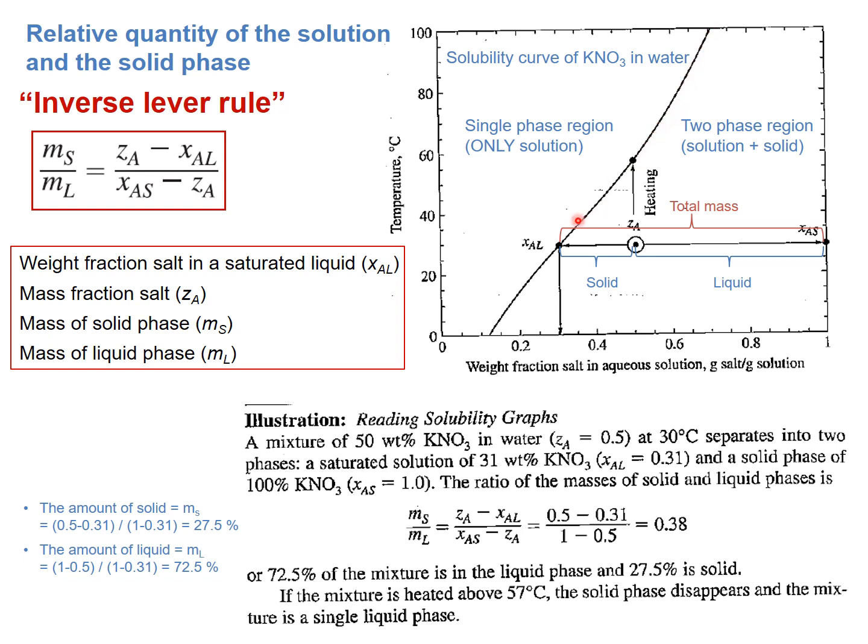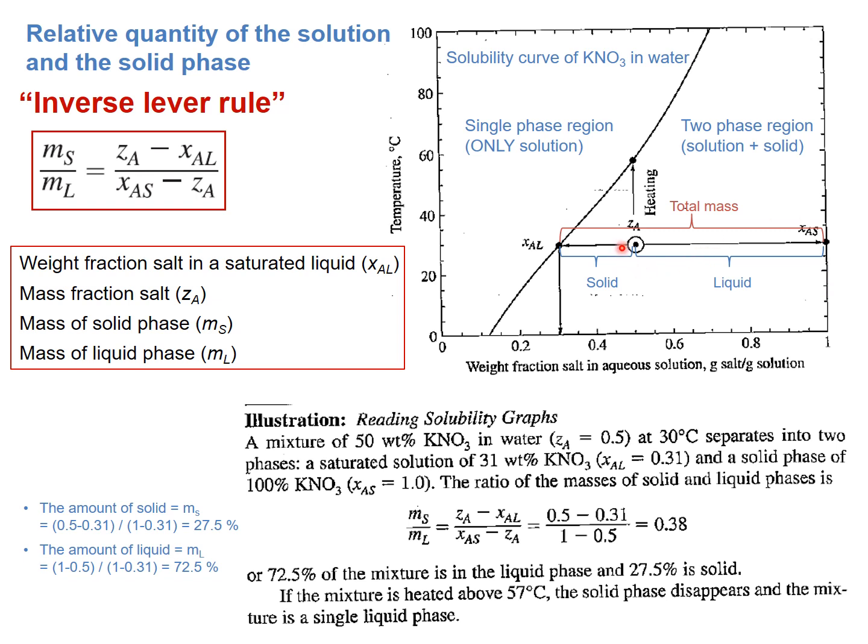This curve is about the saturated solution, right? This is the solubility curve. It means saturated solution. This vertical line, actually the y-axis on the right side, indicates the solid line. So from those lines, you could calculate the composition.